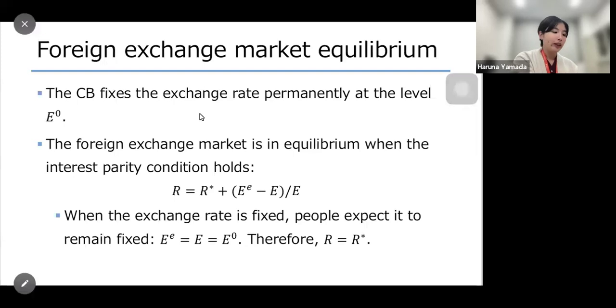Therefore, EE, the expected exchange rate, is equal to the current exchange rate, which is E0, the fixed exchange rate level. So this term cancels out. So in the fixed exchange rate, the domestic interest rate equals the foreign interest rate, R equals R star.